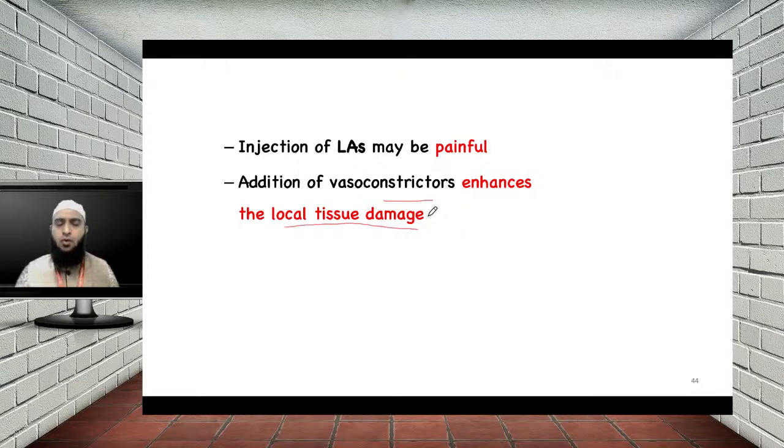So generally you want a vasoconstrictor in order to get a blood free area for a proper minor procedure. Okay, but this vasoconstrictor, in case of some of the drugs, may lead to local tissue damage because you are giving the injection of those local anesthetics. So these are the adverse effects which are seen in case of most of the local anesthetic drugs.